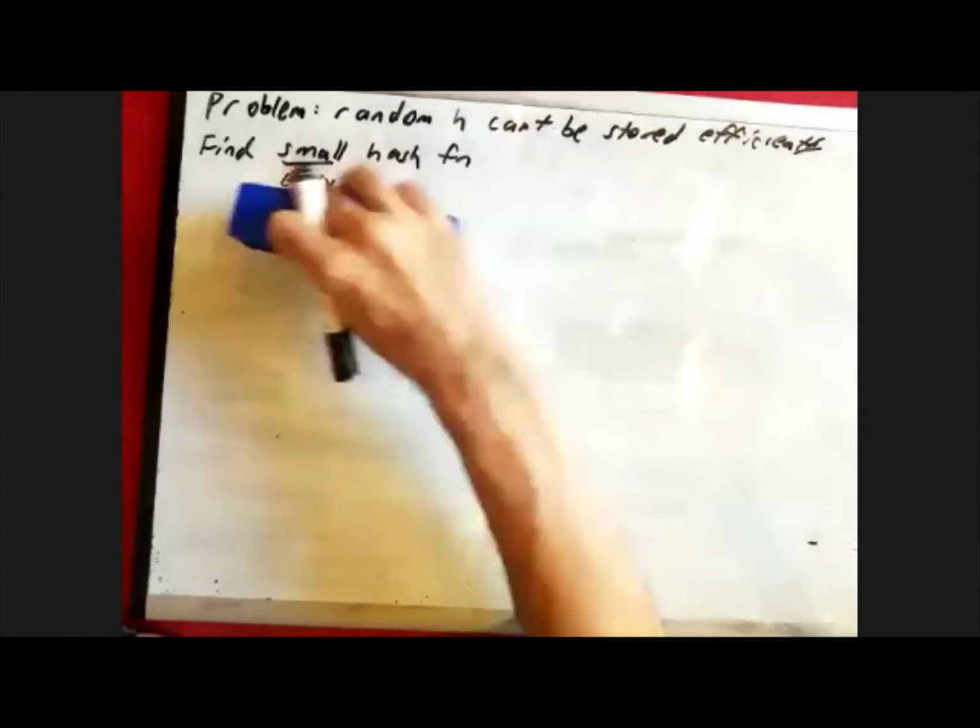And so using a random one won't work, a purely random one. So our goal was to find a small hash function. And while we're at it, let's also ask that it be fast to evaluate.